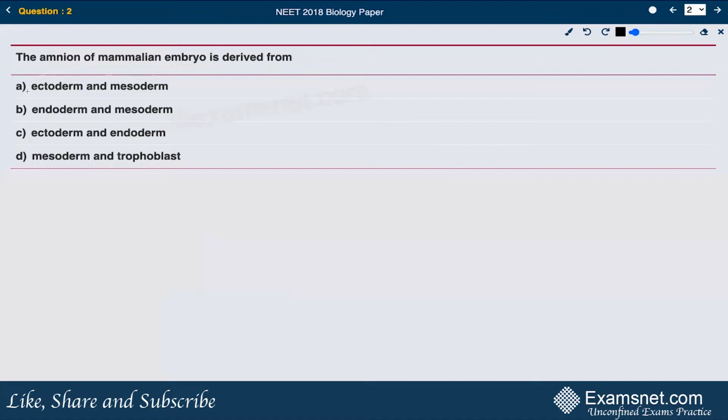The options are ectoderm and mesoderm, then endoderm and mesoderm, then ectoderm and endoderm, and then mesoderm and trophoblast. These are basically the germ layers that have been mentioned over here.